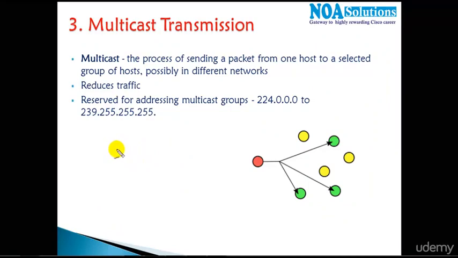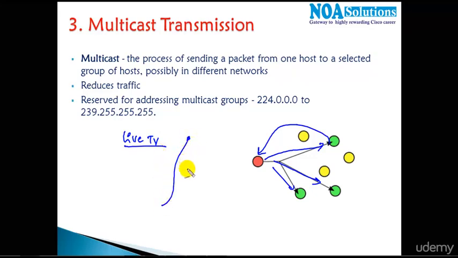Now the major difference is in case of multicast, not everyone will receive it. Only the users who are sending a request, only those particular users will receive it. Just like if you want to watch live TV or live matches, or some videos online, when you click on the link, you're sending a request that I want to join the group, and based on that you will get a reply.